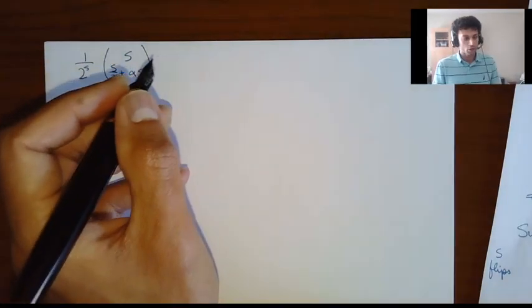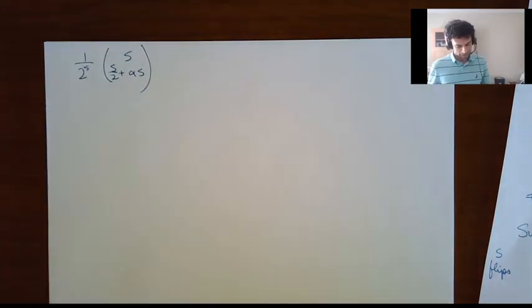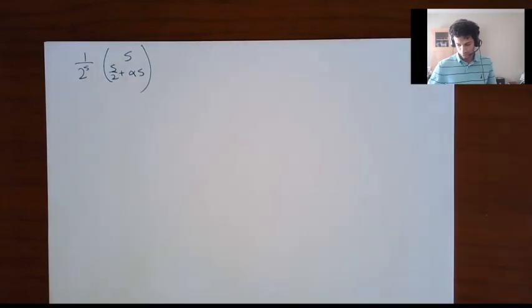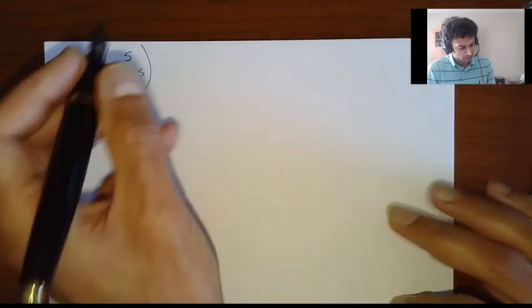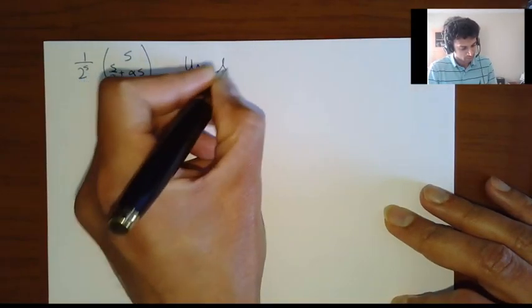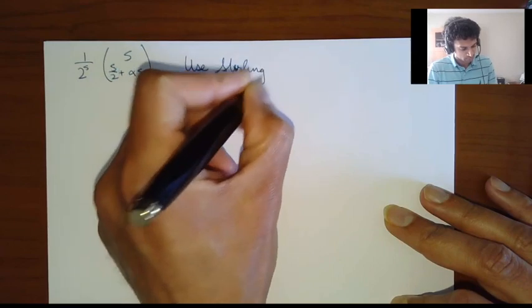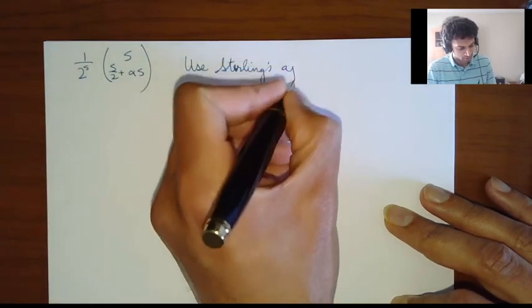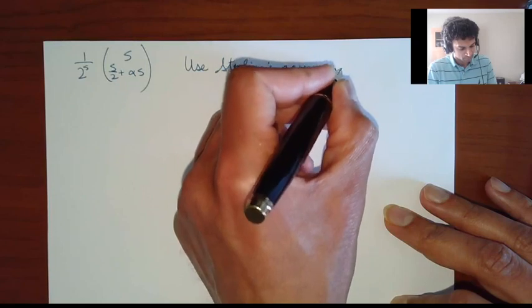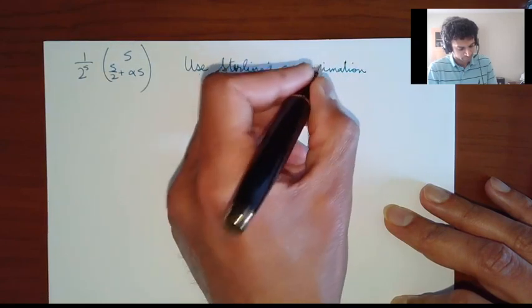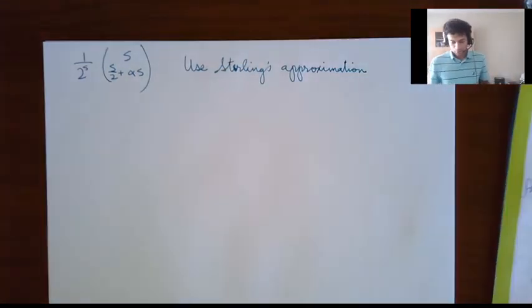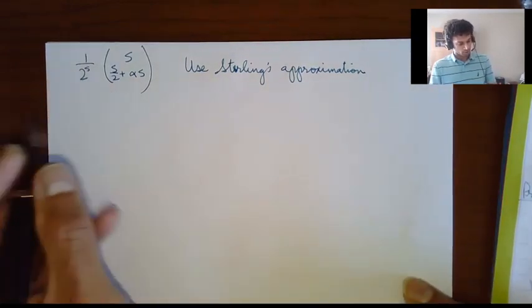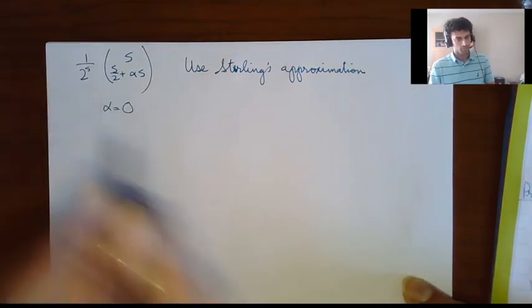Now, I'm not going to work this out in gory detail here. So whoever's the scribe, you'll have to complete the proof and figure out the details. But basically, you use Stirling's approximation. The largest binomial coefficient is when alpha is equal to 0.